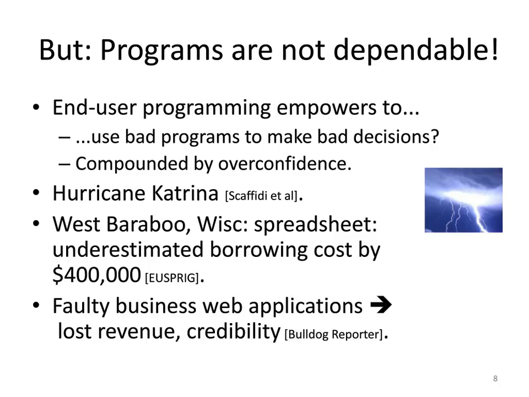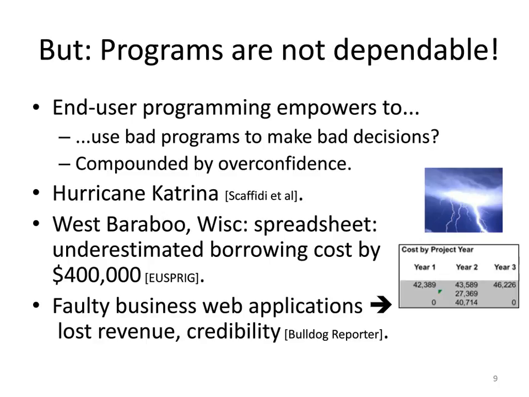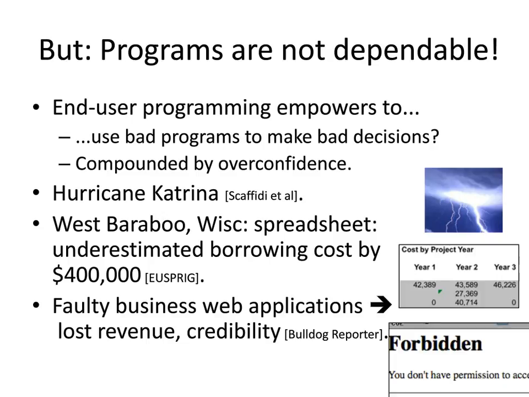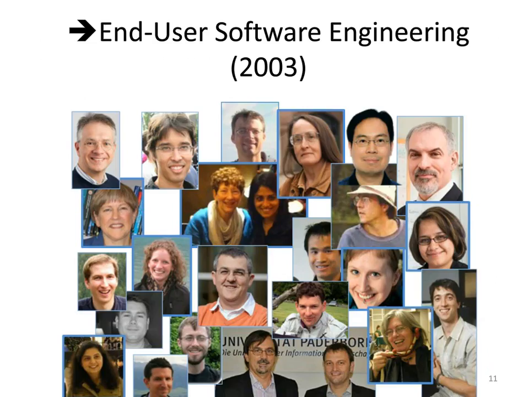And then, of course, faulty business applications, things that just lead to, say, permissions problems or page not found, cause lost revenue and lost credibility and therefore hurt the businesses. So those are just a few examples, and those kinds of examples are what led to this sub-area about 10 years ago called end-user software engineering.